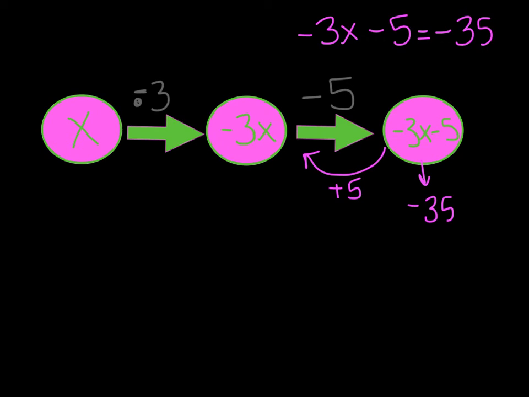We have unlike signs, so we're going to subtract. 35 subtract 5. My result will be 30, and then I have to remember that the 35 is the larger absolute value, so my answer remains negative. So negative 3x is equal to negative 30 right now. To undo multiplication by negative 3, I'm going to divide by negative 3. Negative 30 divided by negative 3, x is going to be a positive answer, a positive 10.